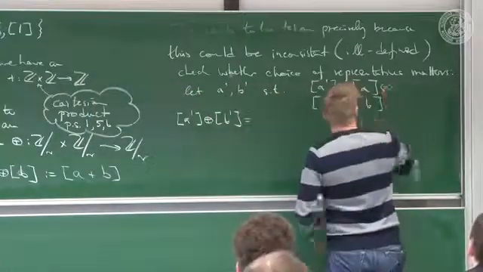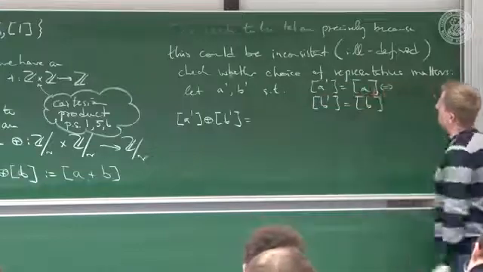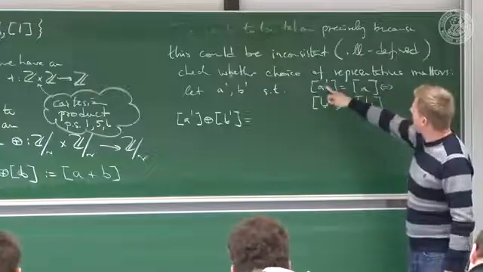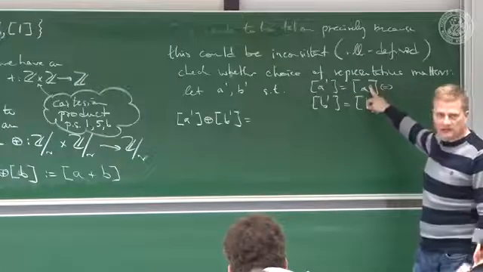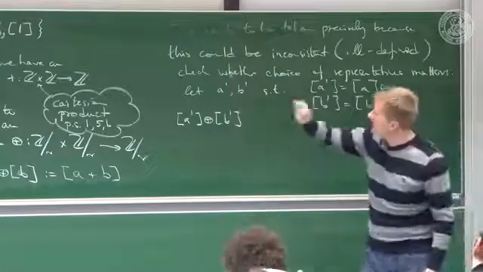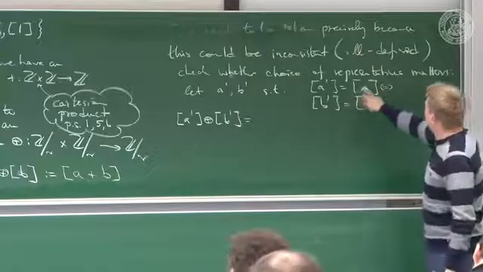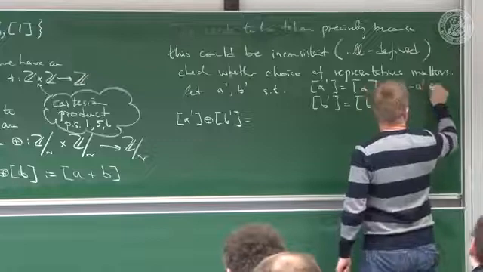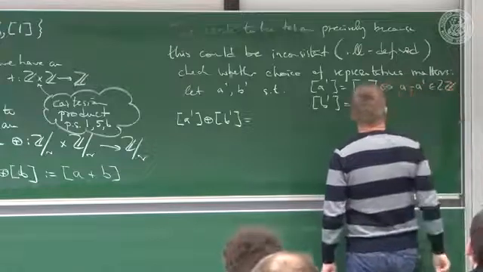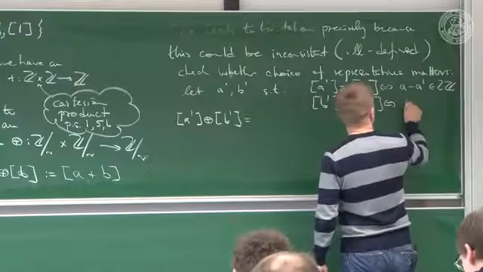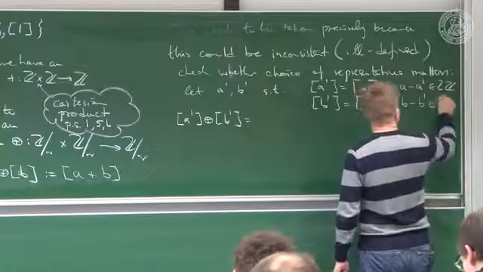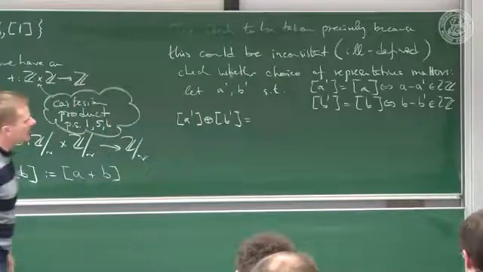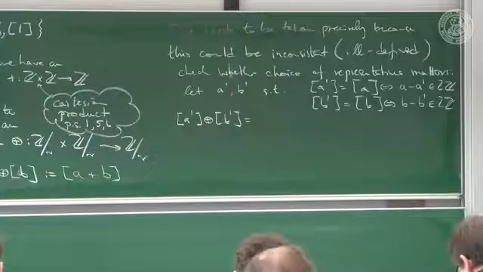So if A prime represents the same class as A, that means certainly A prime needs to lie in this class because of this property 1 we had before. And then that means that the difference between A and A prime must be in 2Z. And here's the same. So if B prime is supposed to represent the same class, then B minus B prime also lies in 2Z.